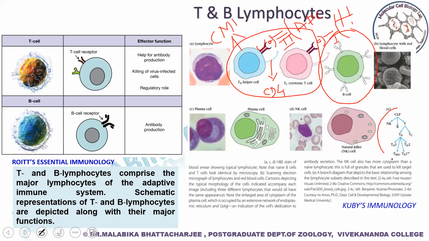So in a nutshell, the common lymphoid precursor has 3 categories of lymphocytes: NK cell, which functions in innate immunity, and B and T lymphocytes, which function in adaptive immunity. When we are talking about B lymphocytes, we are talking about the humoral immune response of the adaptive immunity. When we are talking about T lymphocytes, we are talking about the cell-mediated immune response of the adaptive immunity. The T lymphocytes can be broadly divided into the T helper cells and the T cytotoxic cells.